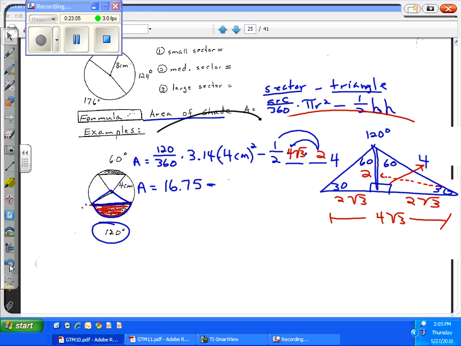Half of 2 is 1, times 4 is 4 square root 3. Any questions on that? In the unit of measure, square centimeters, okay? So we've got the area of a sector, the area of the shaded region between a triangle and a sector, and an arc length.